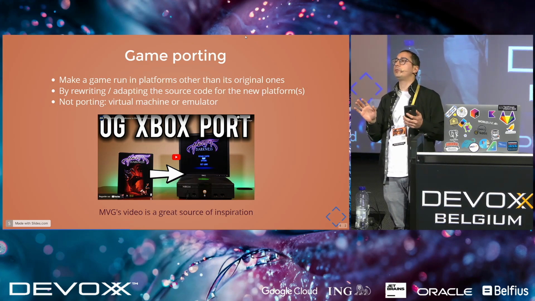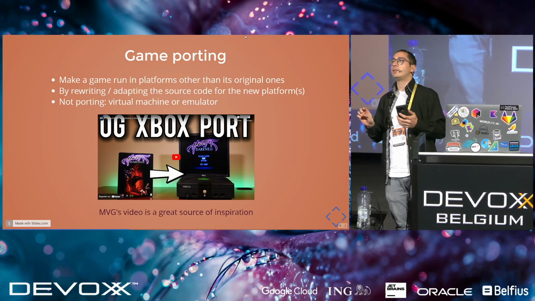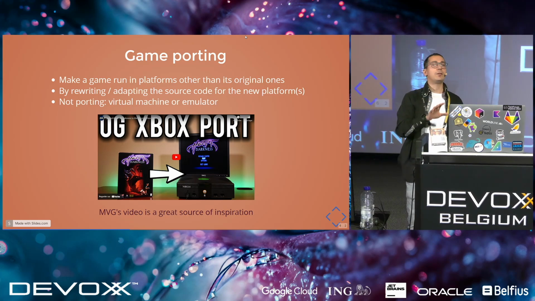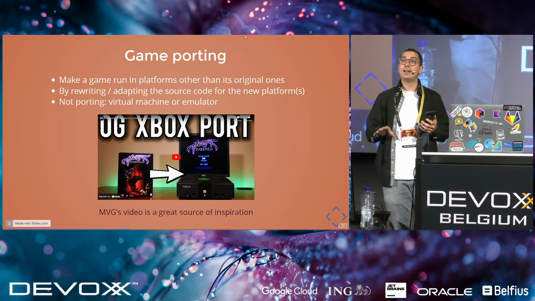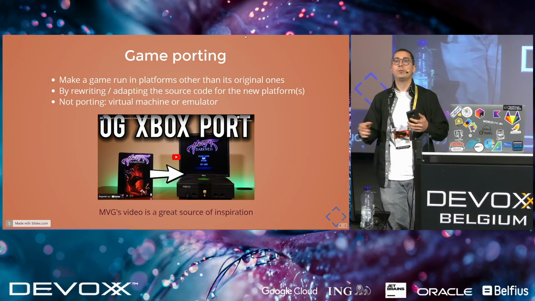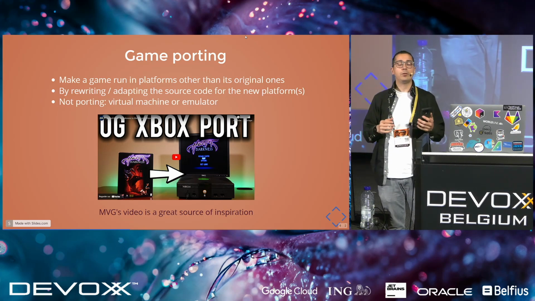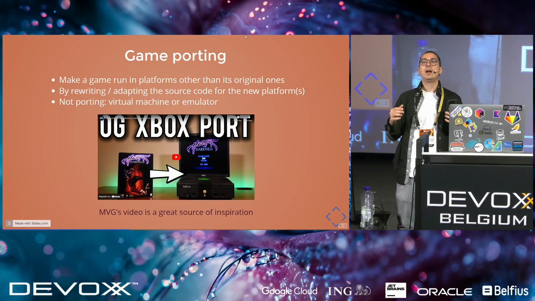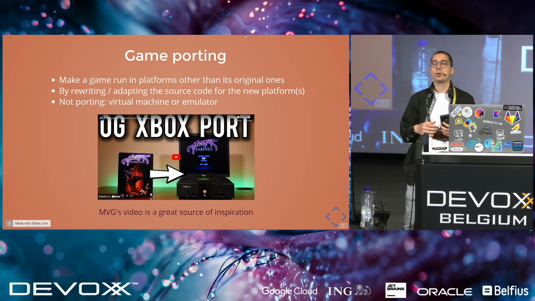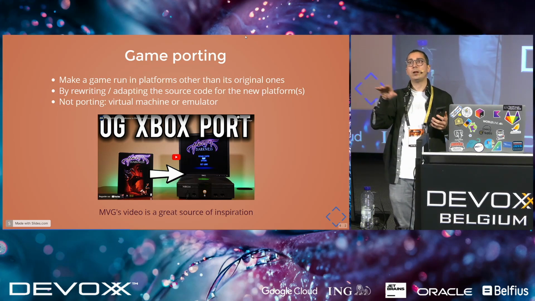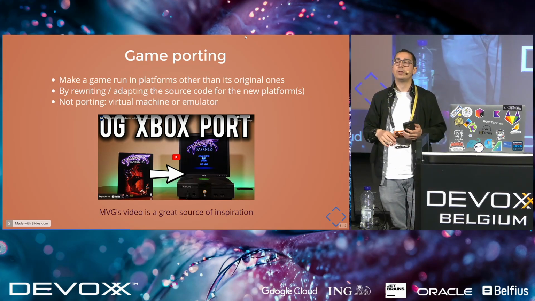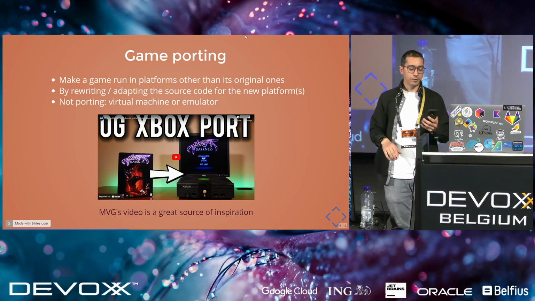I don't know if you know this YouTuber on video games. I really recommend watching his videos. Really insightful, with some history, and even for developers, we can learn a lot. In one of his videos, he explained how he ported Heart of Darkness to the Xbox. And when I saw the steps, I told myself, we can do it.